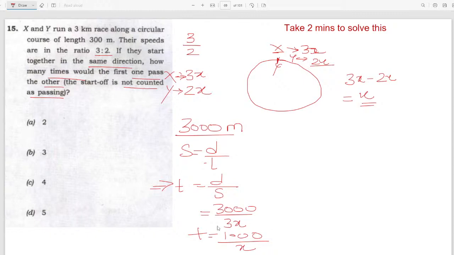He would be traveling for 1000 by x time, because in that time he would complete the race itself. So how much distance does he have to travel? Distance is equal to speed into time. So we have speed x into time 1000 by x.